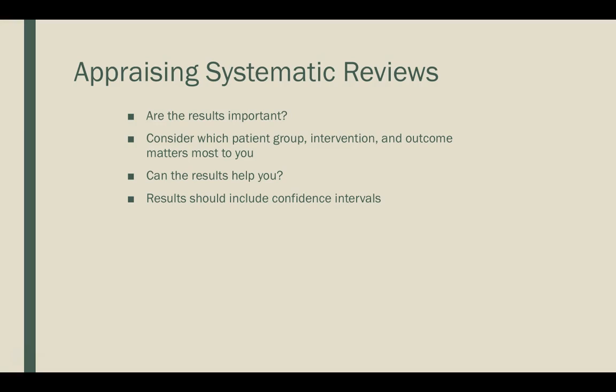Okay, so are they important to you and your patient? So considering which patient group, intervention, outcome matters the most to you, can these results help you make those decisions? And ideally, we should also see confidence intervals reported for the results. If they're not, that's something that we can sometimes calculate. Most of the time that just means that's another little red flag of, is this a quality systematic review?